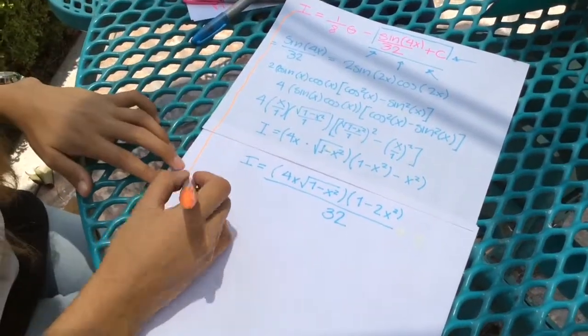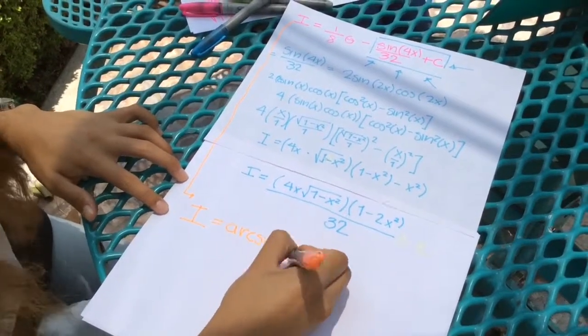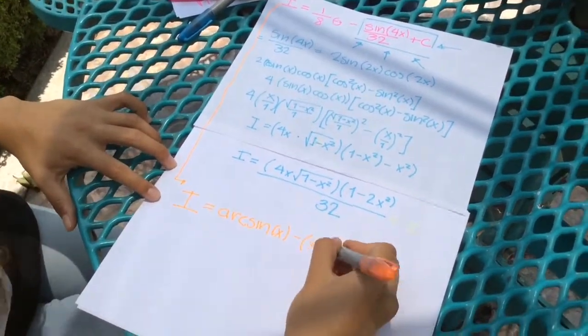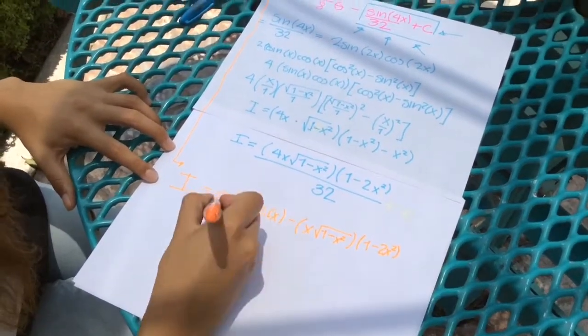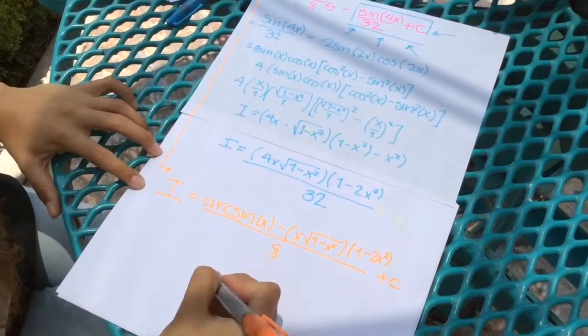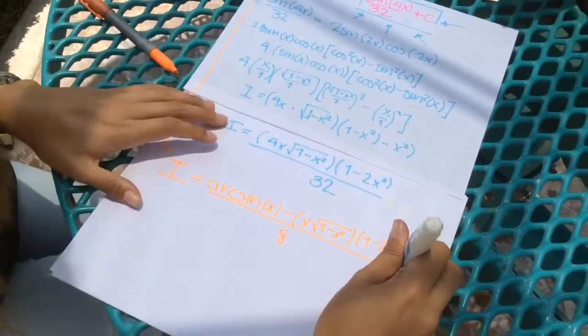So finally, we got to our final answer, which is arc sine of x minus x times the square root of 1 minus x squared times 1 minus 2x squared, all over 8, evaluated from 0 to 0.5.